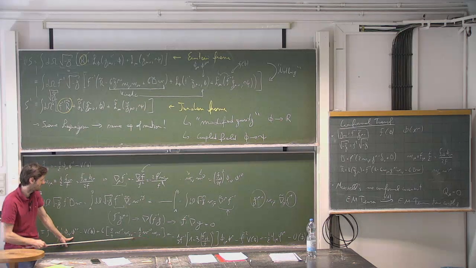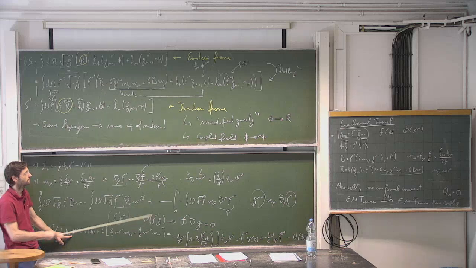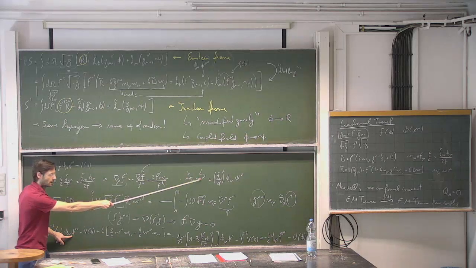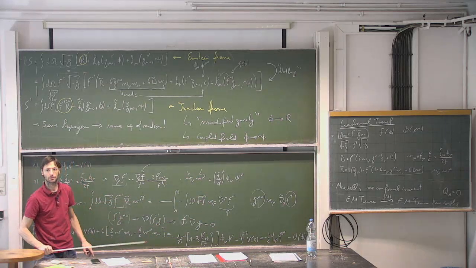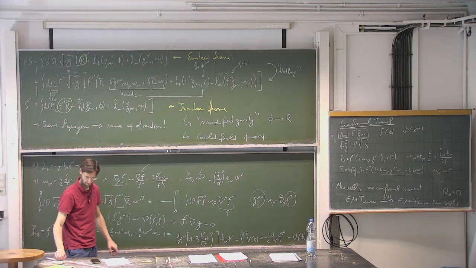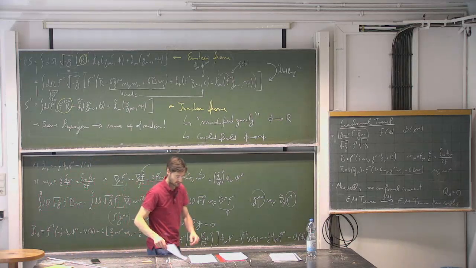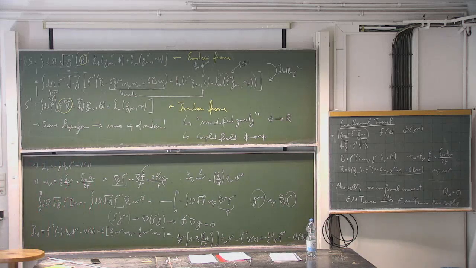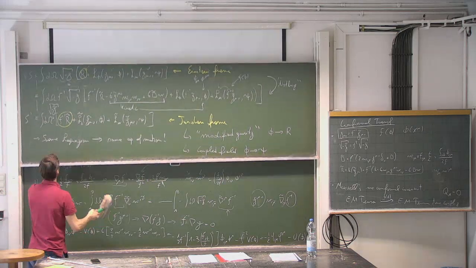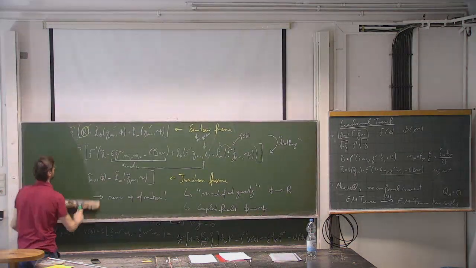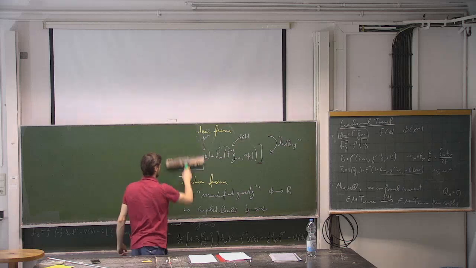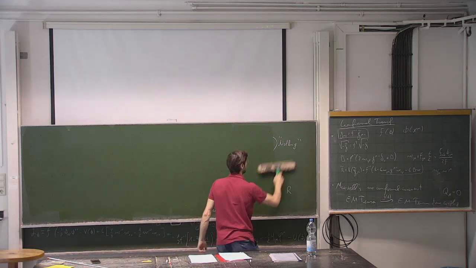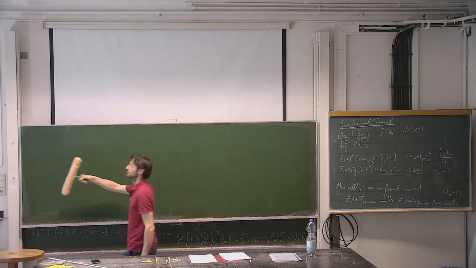Because these two are proportional to phi. And we get a standard kinetic term with a relabeled potential and a relabeled field. Let me write them nicely at the board so that you have it clean.